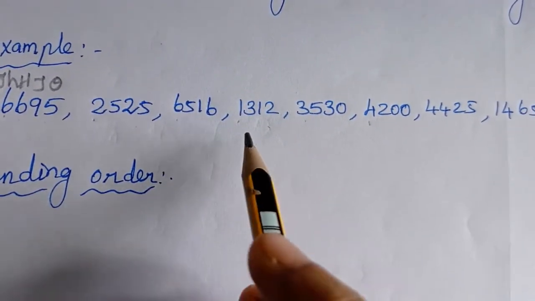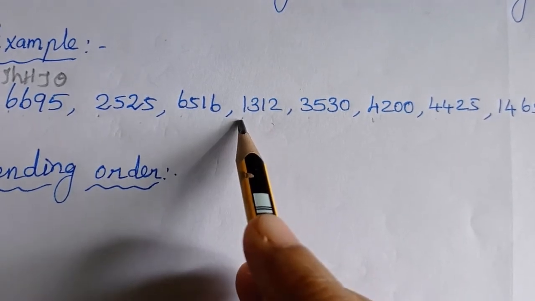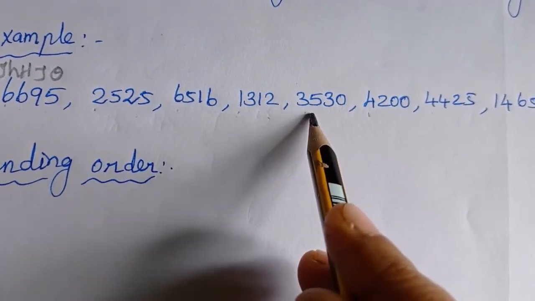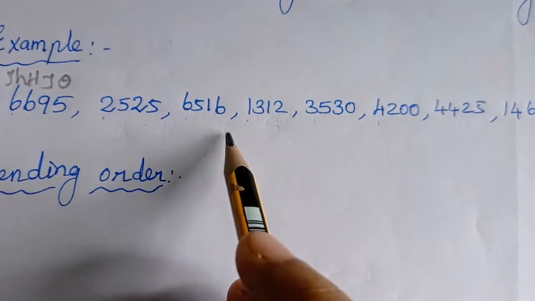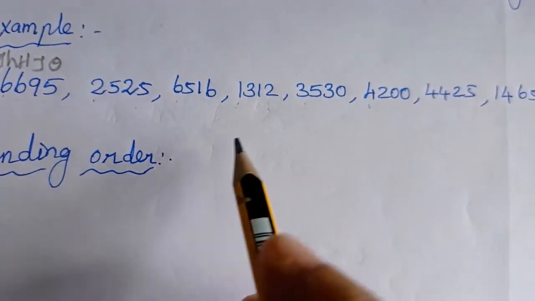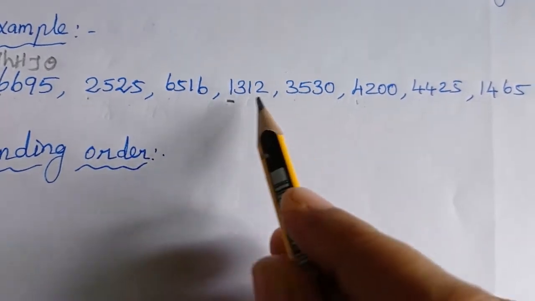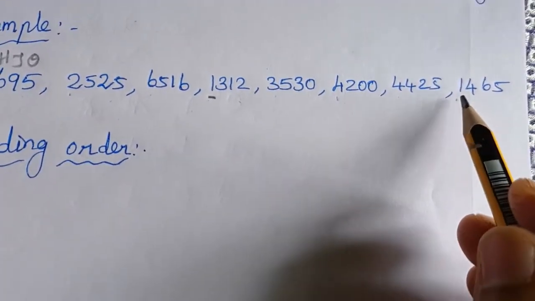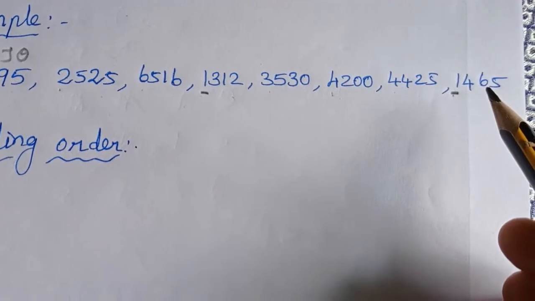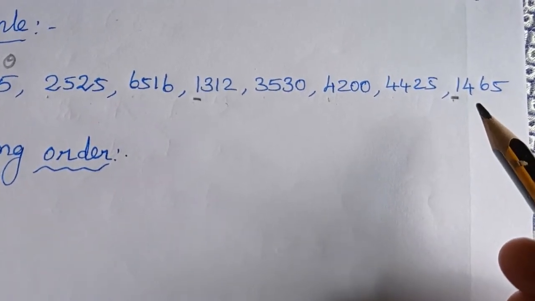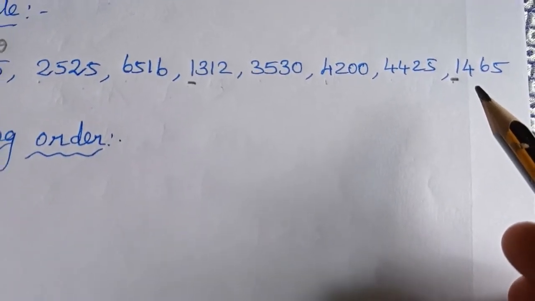So among these, which is the smallest place value for thousands, whether it's 3 or 4 or 1 or 2 or 6? Yes, it's 1. But here there are two numbers that have the same 1000 place value. So what do you want to do next?